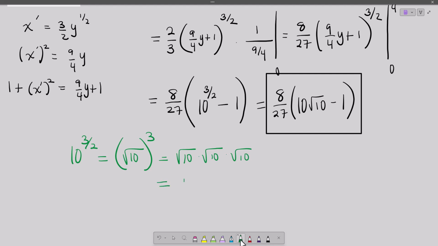Well, 2 of them multiplied give 10. So when you see a 3/2 exponent, it's super common to go through this and just write it that way. So if you see something like 5 to the 3/2, very frequently they're just going to jump to something like that and get rid of that 3/2 exponent.